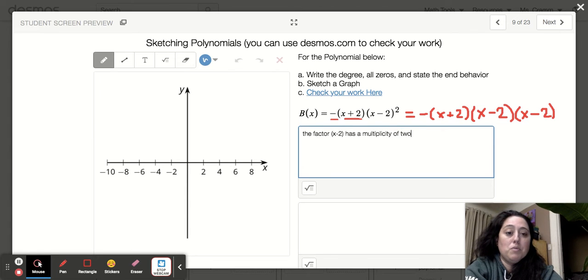Let me write out 2. All right, anytime it is even, it will bounce off the x, okay? Bounce.